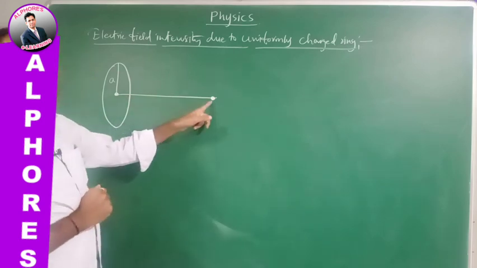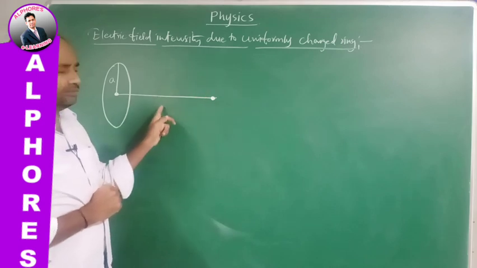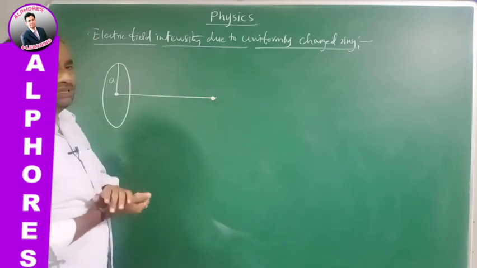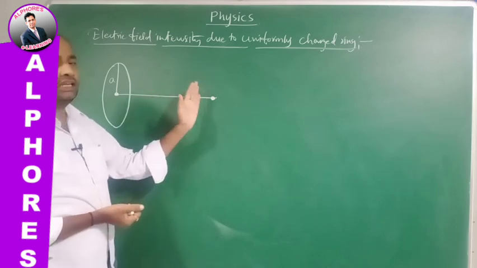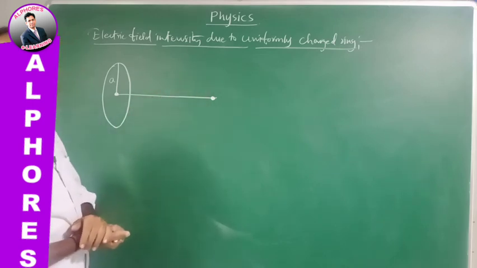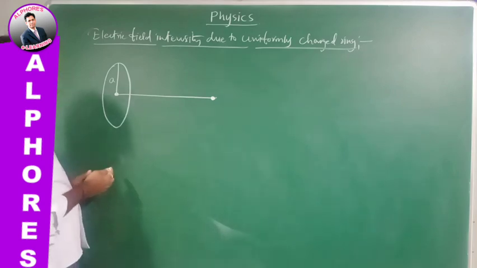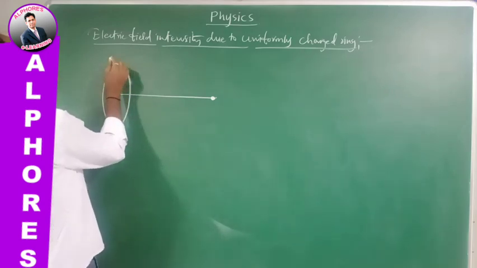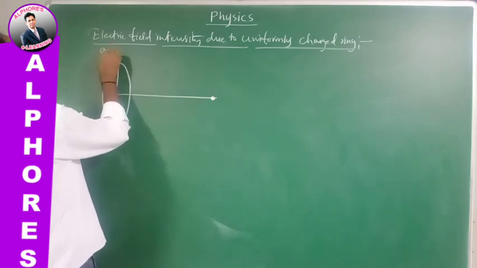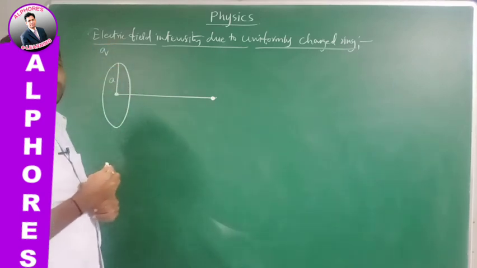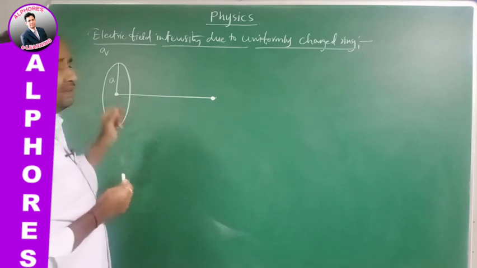We should find the electric field intensity at any point on the axis of the circular ring. Okay, so let us take, if Q be the charge given to the circular ring, which is uniformly distributed along its length.